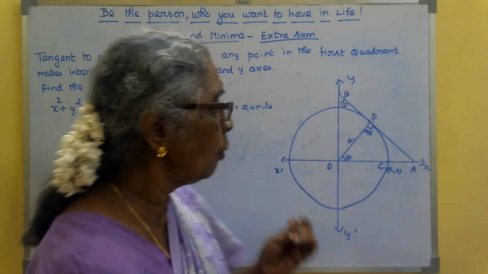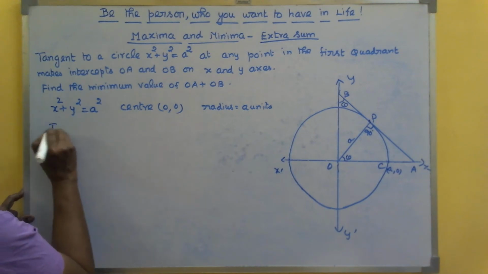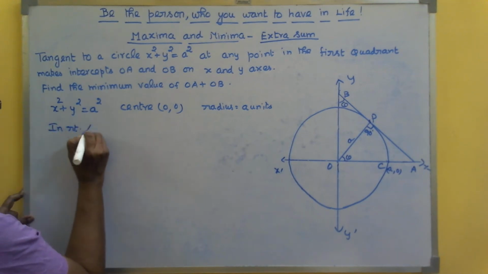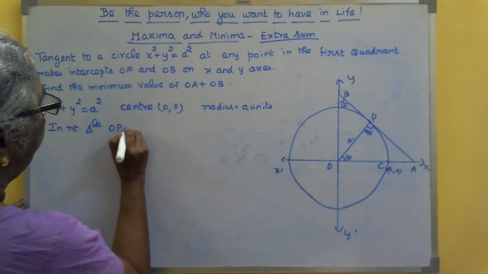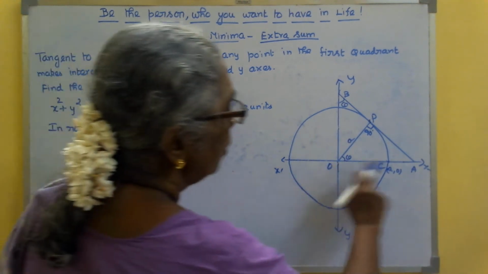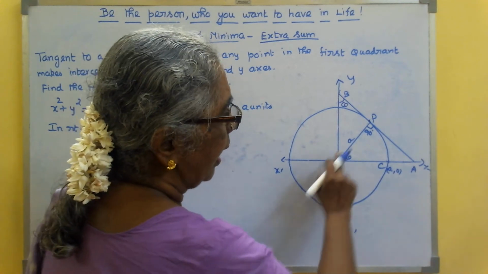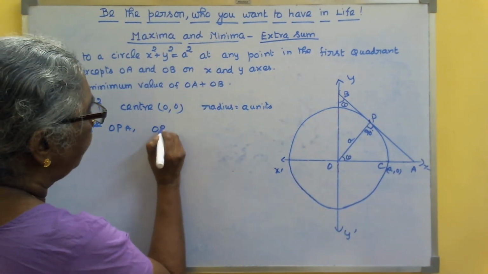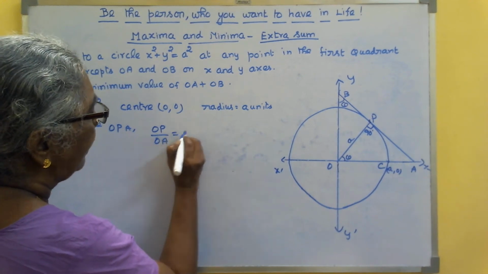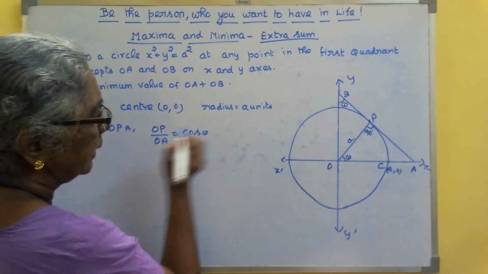Right? Now let me consider the right triangle. In right triangle, I am considering OPA. Here you know OA is the hypotenuse and OP is the adjacent side. So now OP by OA, that will be equal to cos theta.